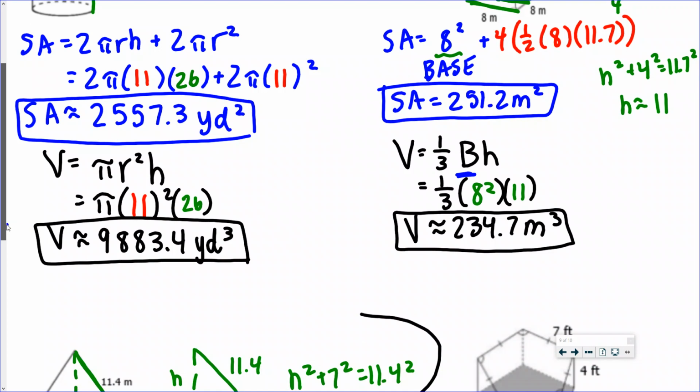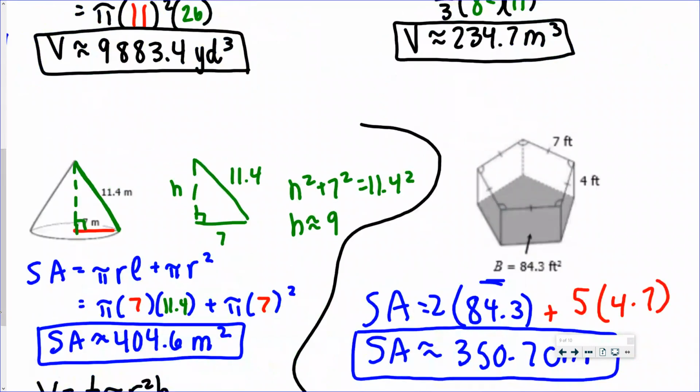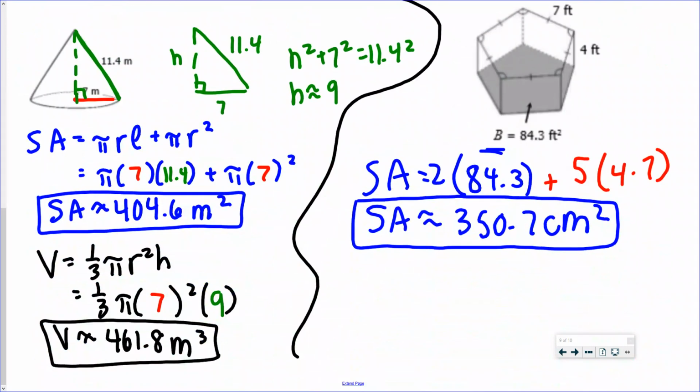Volume. We can normally do length times width times height, but you're like, I don't have a length or width here, so we're just going to do our area of our base, which is nice because that was given to us, times the height of our prism.